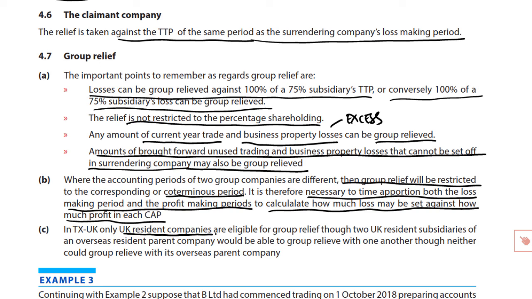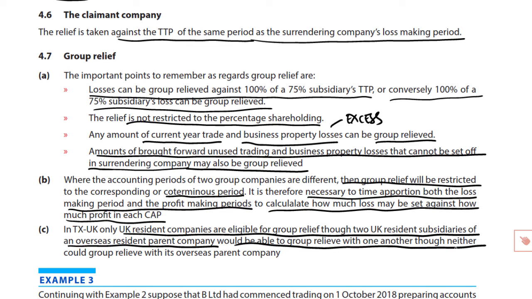Only UK resident companies are eligible for group relief, though two UK resident subs of an overseas resident parent company would be able to group relieve with one another, though neither could group relieve with its overseas parent company.